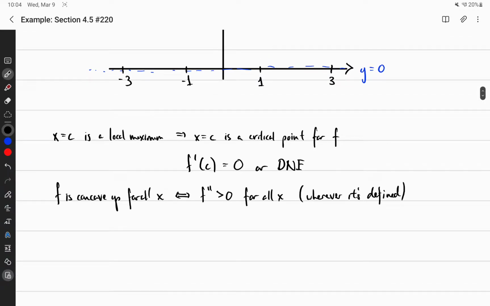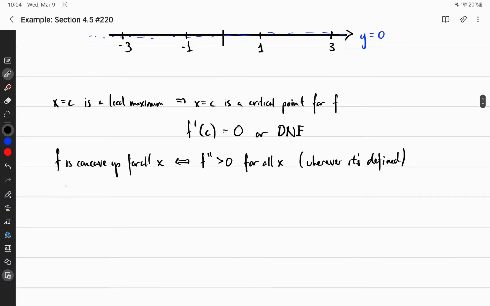Okay, but what does this mean in terms of our critical points? Well, think about what the second derivative test says.